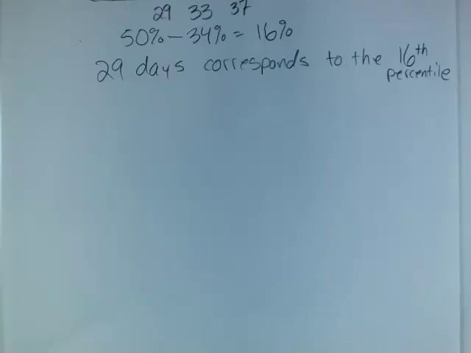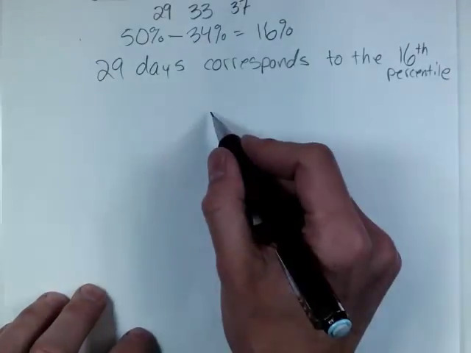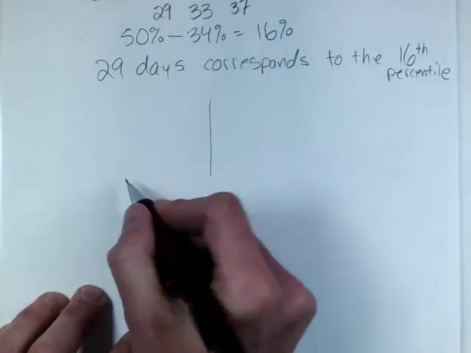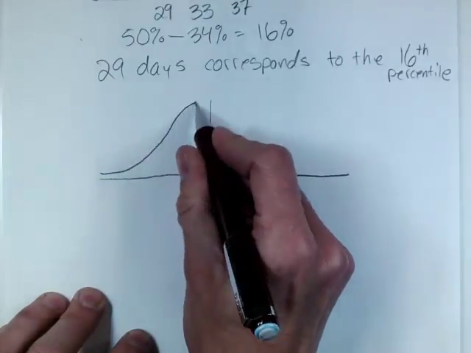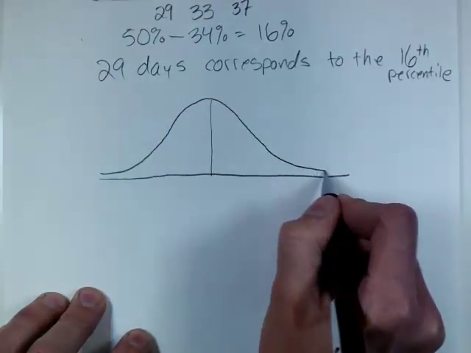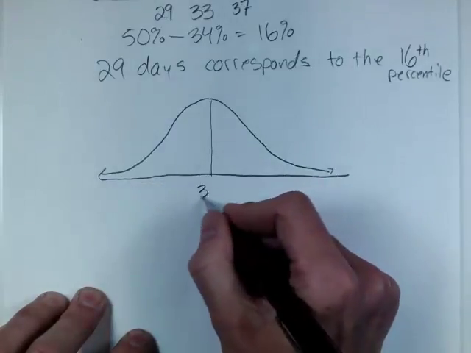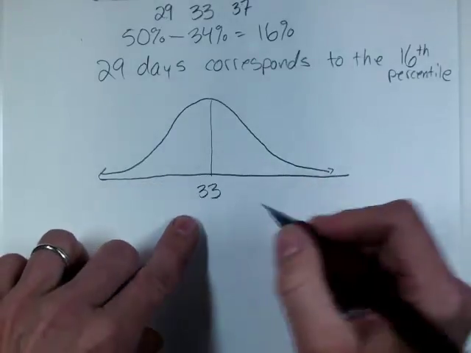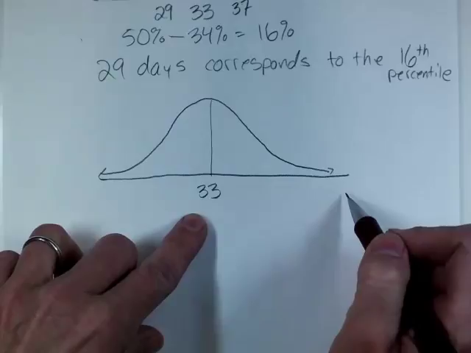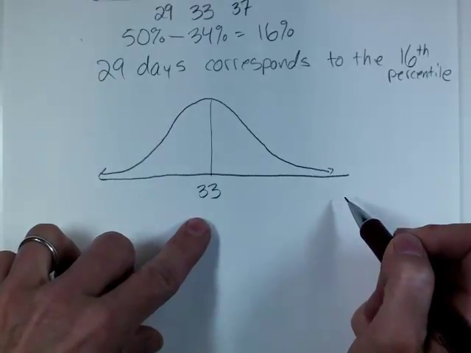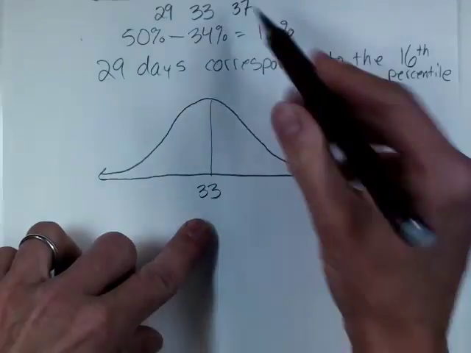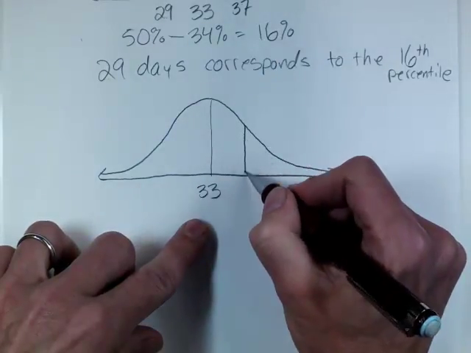Looking at the 41 days, is that above the mean or below the mean? That's above the mean. So I'm going to go however many standard deviations I need until I reach 41 days. I know one standard deviation is 37.